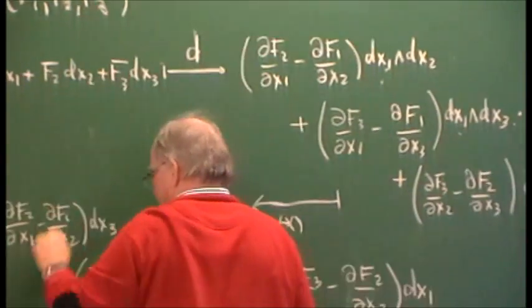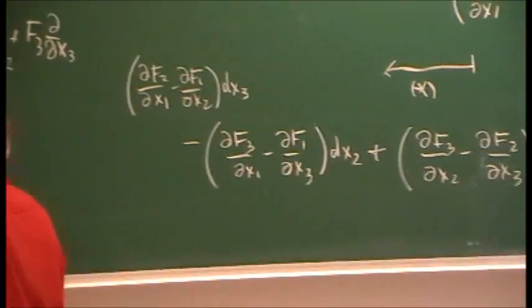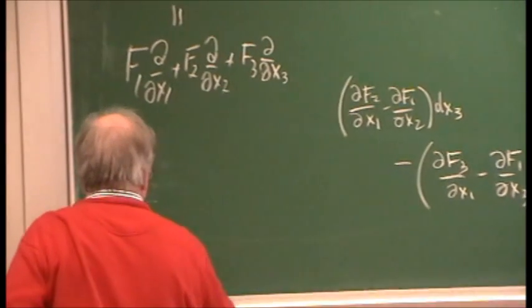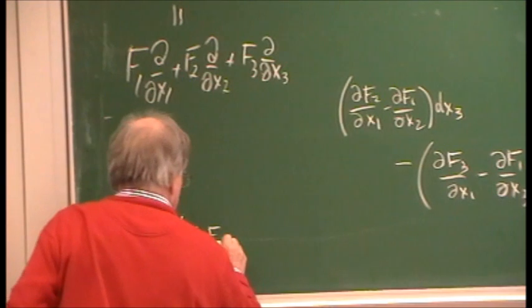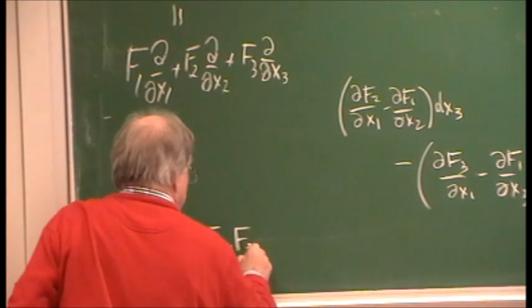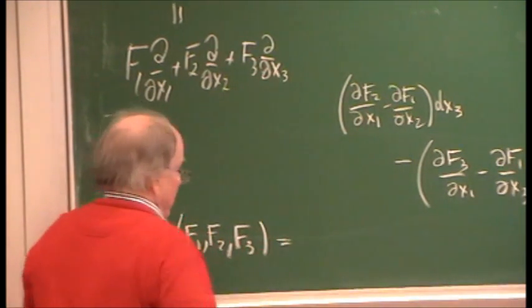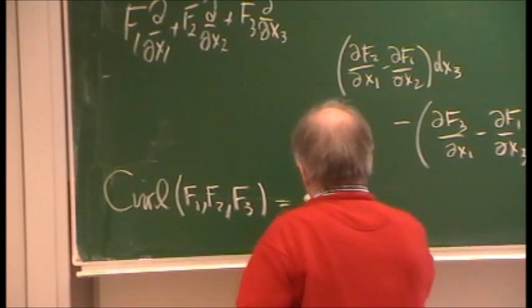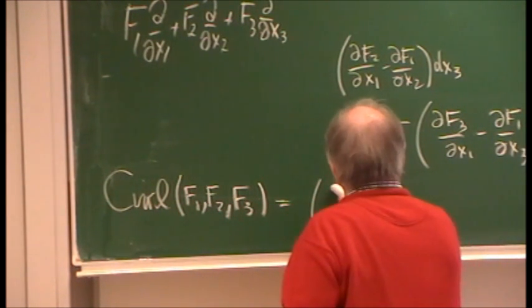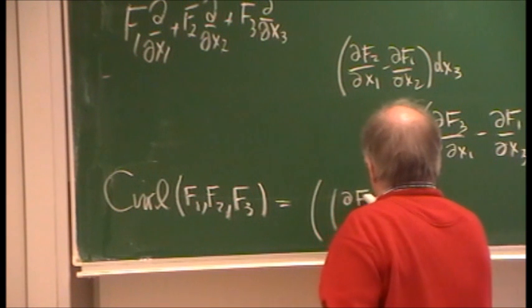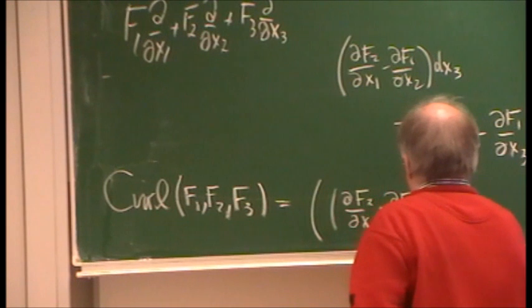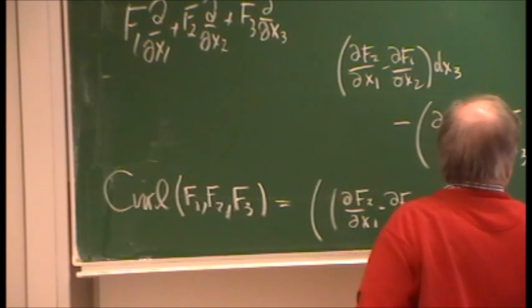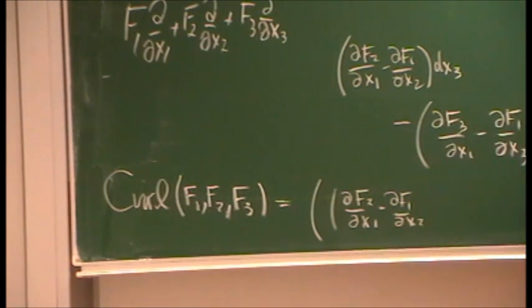So that means the curl is now the vector field that I got. I hope I'm going to write it here in good language. It's going to be the vector field. Well, it's getting complicated, but you understand what I'm doing. This is the first component, right?